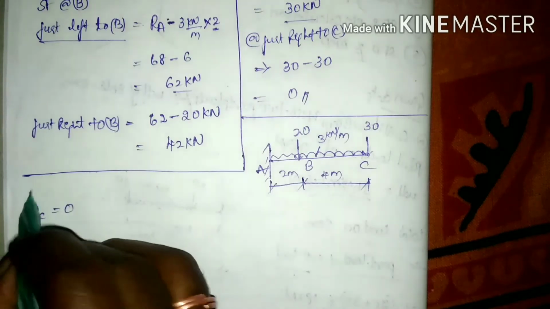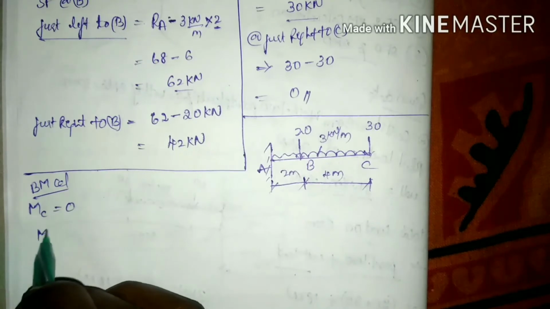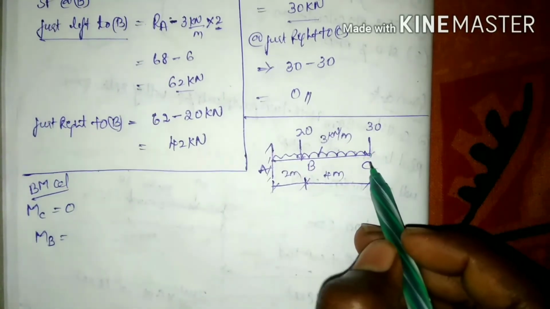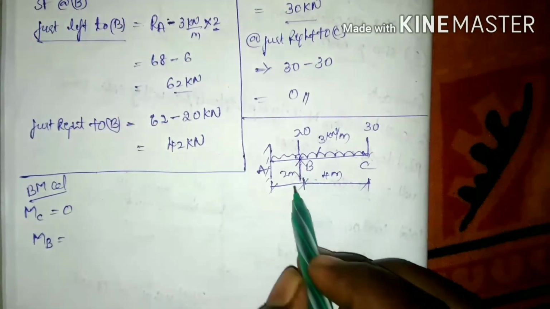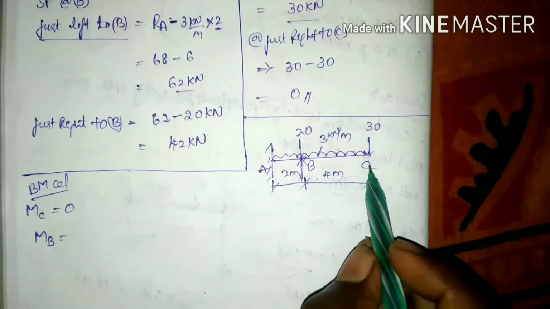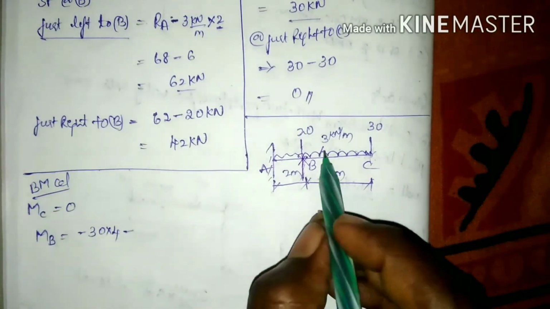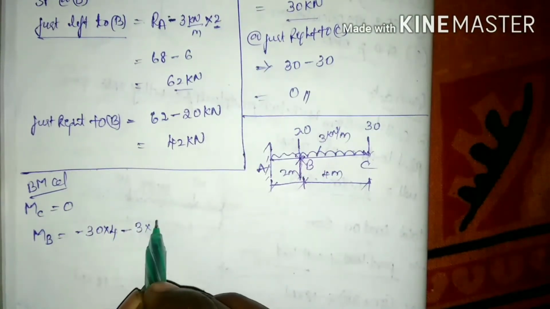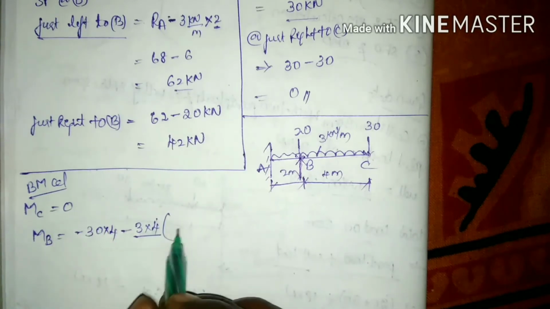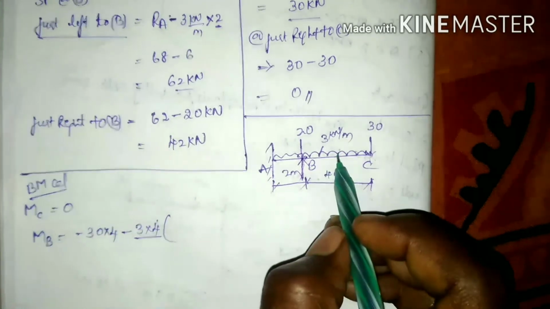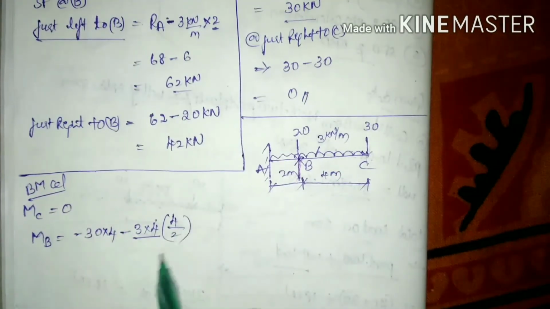Moment about C is equal to 0. For the moment about B, we take only the 30 into 4, that is minus 30 into 4, minus 3 into 4, which is converted to a point load, taking the moment from the midspan of the 4 meters, that is 4 by 2.